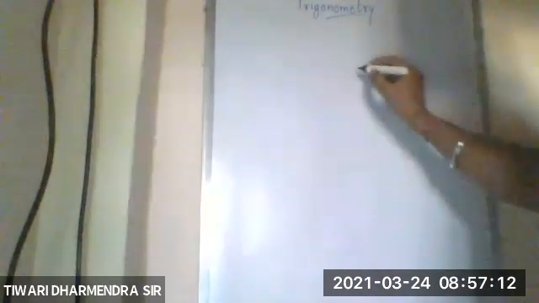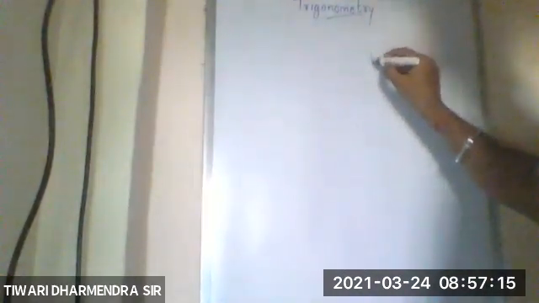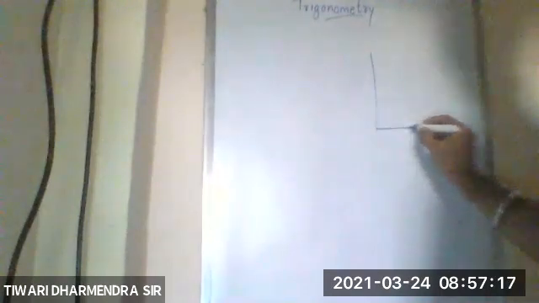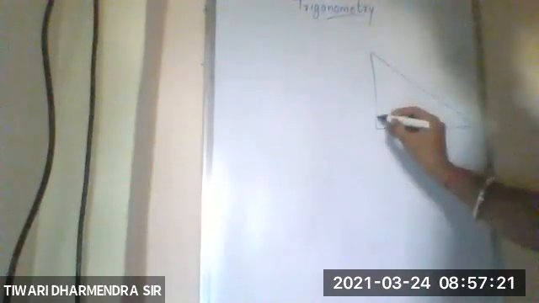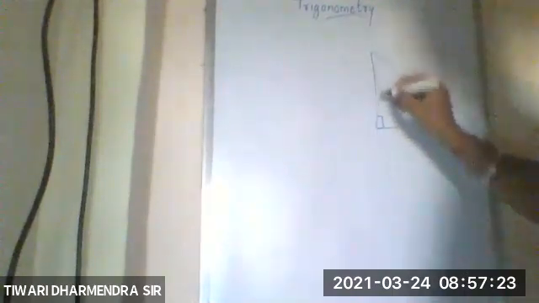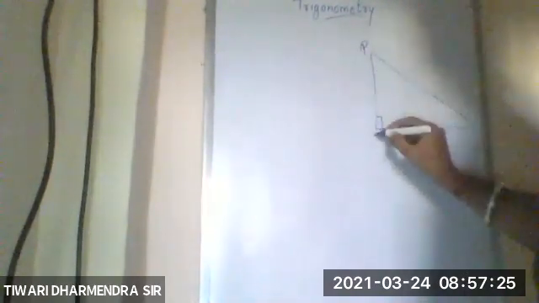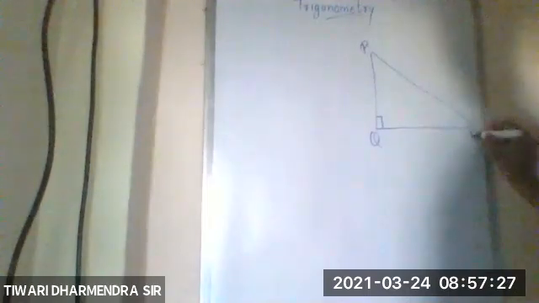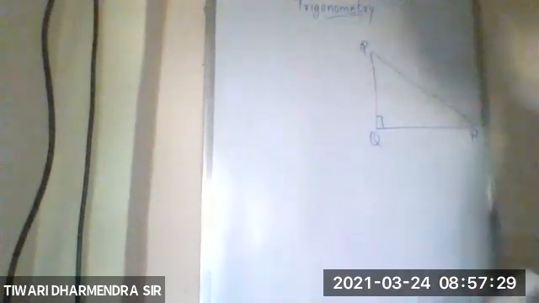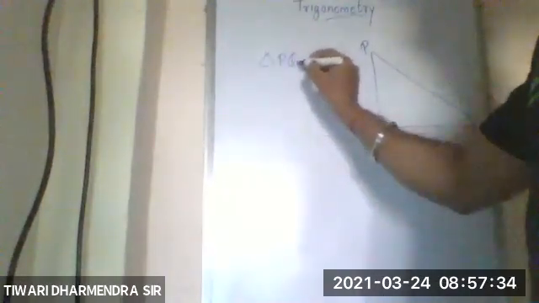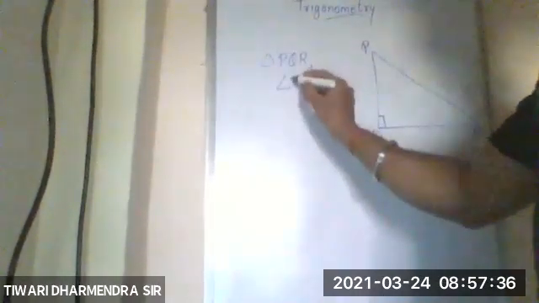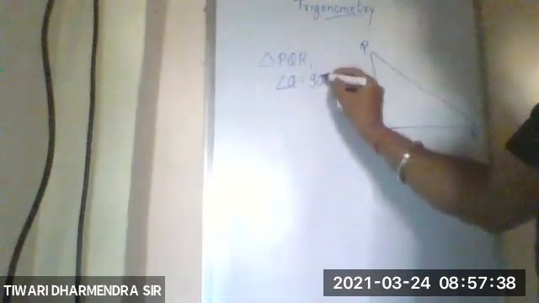So assume that you have a right angle triangle PQR with angle Q equal to 90 degrees.